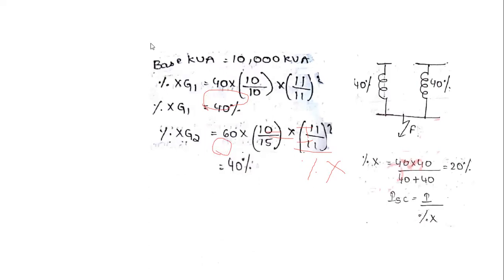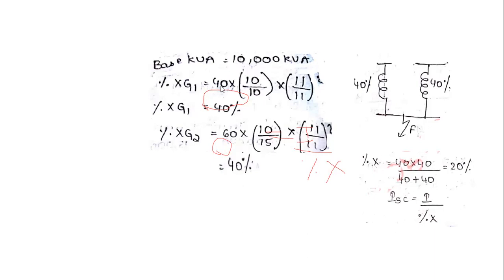Next, coming to the third case, consider the base kVA as 10,000 kVA. Then we calculate percentage Xg1 and percentage Xg2 using the formula X volt into kVA base by kVA into MVA base by MVA whole square.